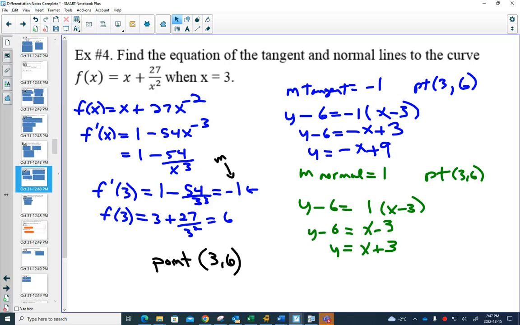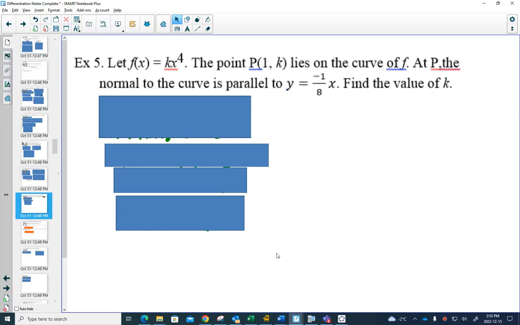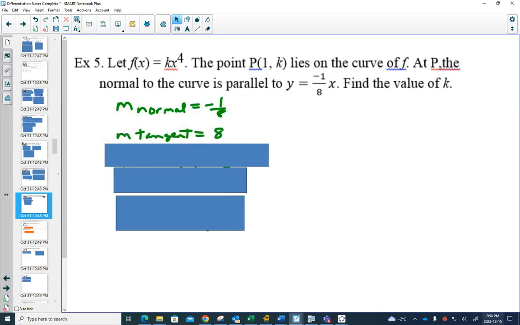Try the next one. So, what do we know? If we took this equation of the normal, we would know the slope of the normal.